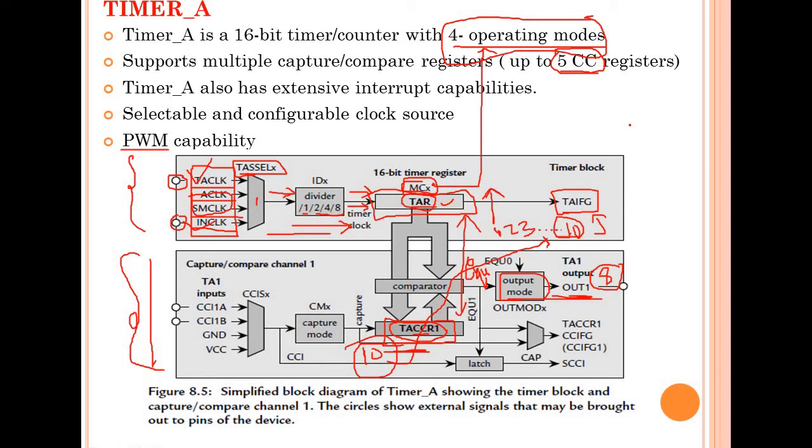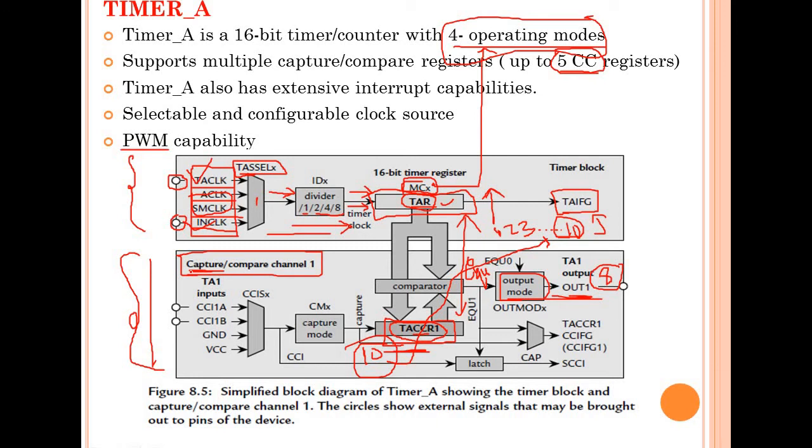See here, capture and compare now. We will see what is the difference between capture and compare. Capture means capturing an input, which means recording the time at which the input changes. That means you are capturing the time when some particular event occurred.